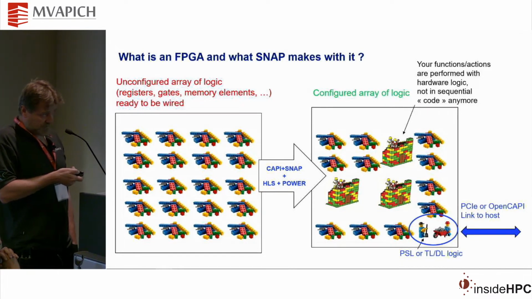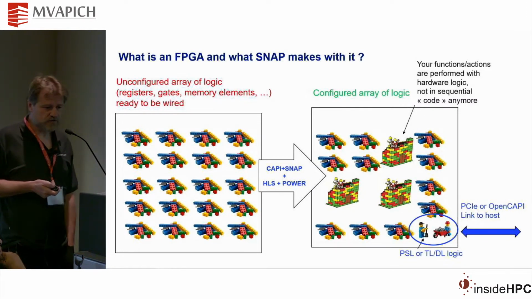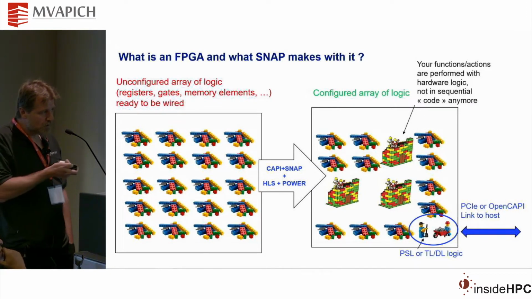What you need at the end is to be able to communicate with your server. So initially IBM for CAPI 1 and 2, and now OpenCAPI will provide to you what I will call regularly the blue box. The blue box being a transportation box whose name depends on the technology. It used to be named PSL for CAPI 1.